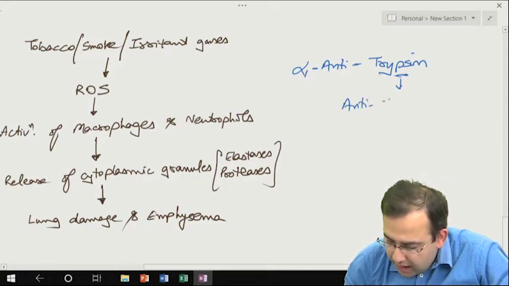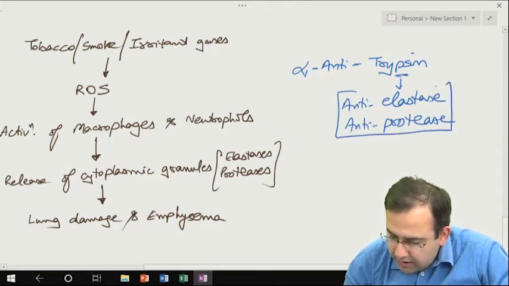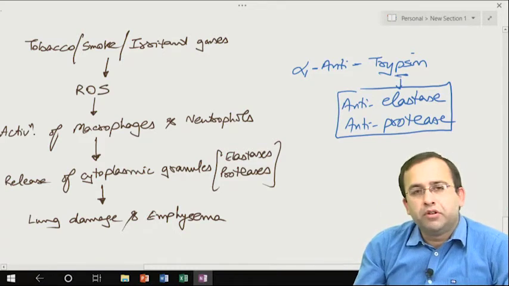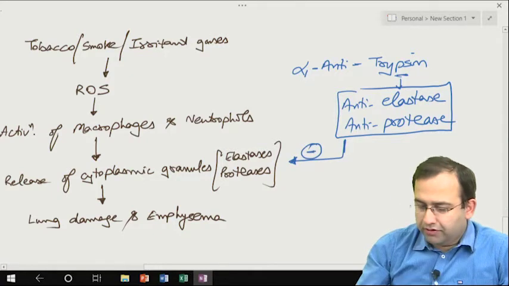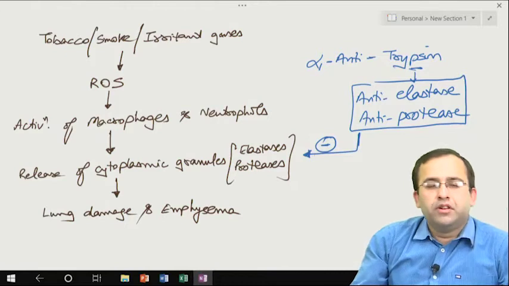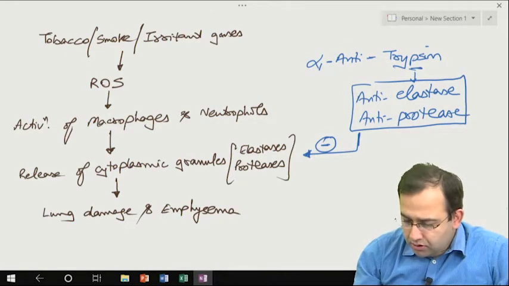It reduces or stops the action of neutrophilic granules.